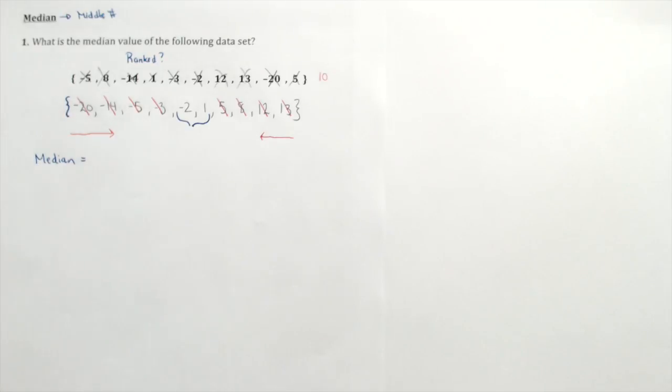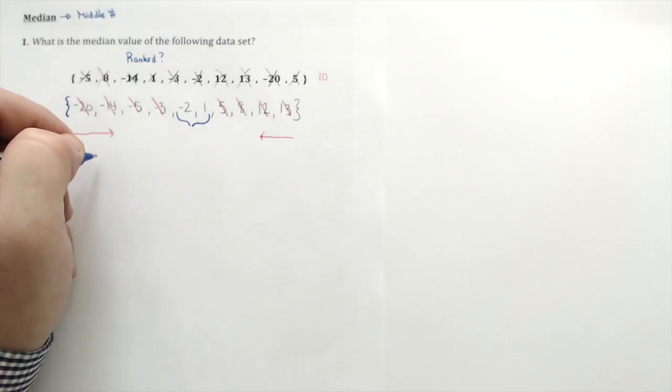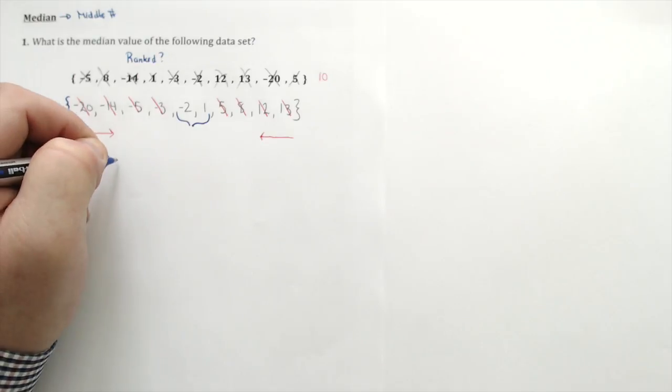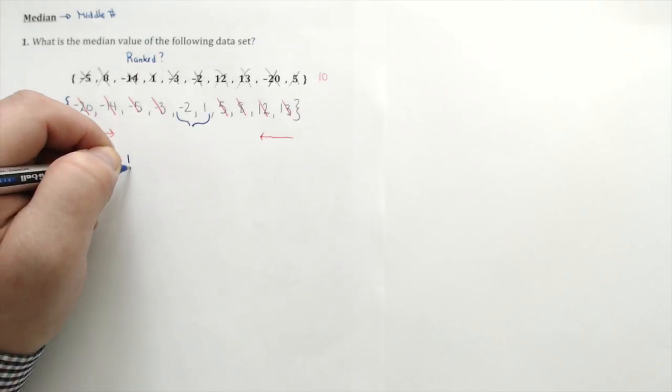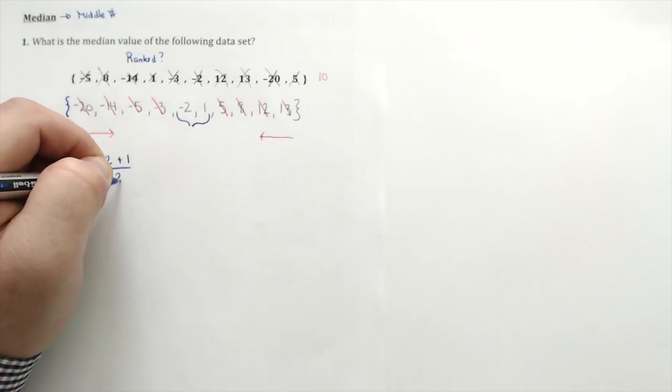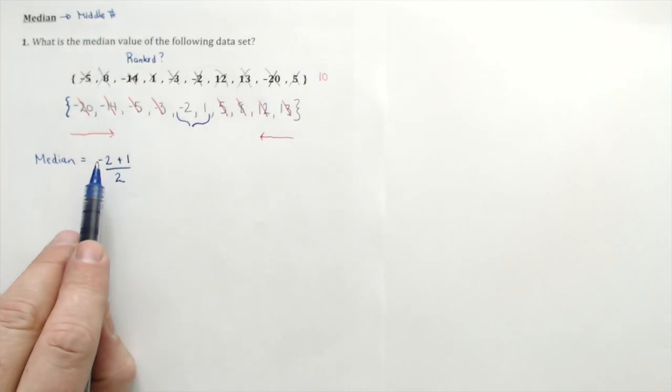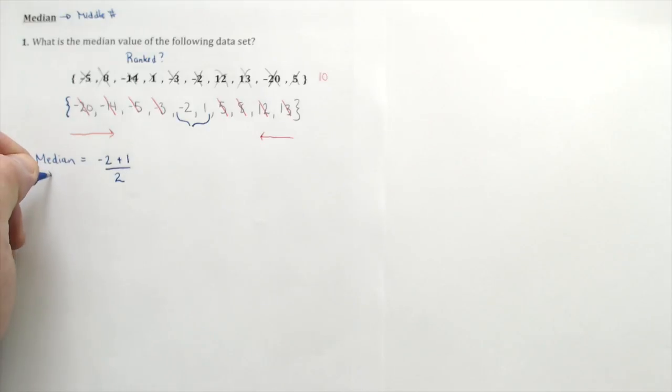And so what we do to get the median when we have two middle numbers is we get the average of that middle 2. So we're going to go negative 2 plus 1, and then we're going to divide that by 2 because there are two numbers there. So we remember when we were calculating for our average how we work that.